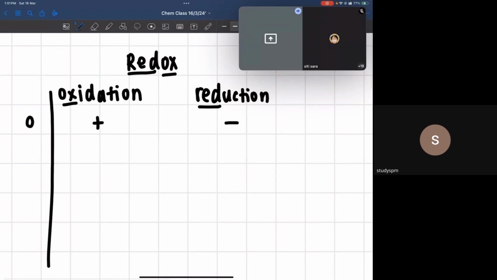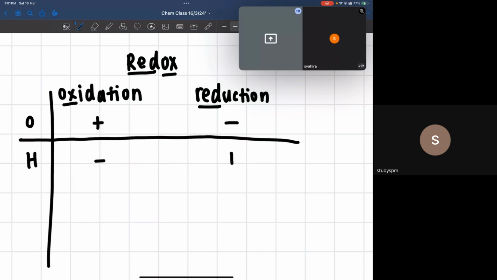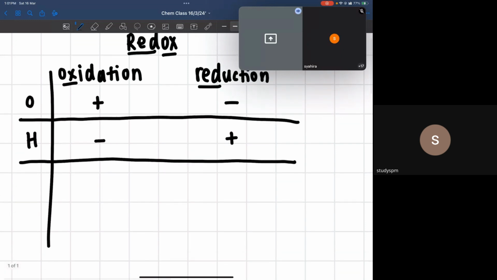And then in terms of hydrogen, hydrogen is a bit different. In terms of hydrogen, if oxidation, we will lose the hydrogen. And then for reduction, it will gain hydrogen. Okay. And then for electron, if you look at the cells, like voltaic cell, chemical cell, and the question asks you to write the half equation for oxidation and reduction, you can know that oxidation is always donate electron or release electron.